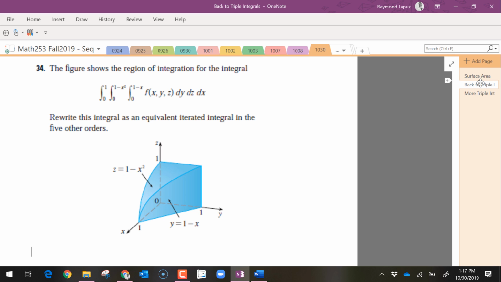So it turns out that when you do a triple integral, if your solid is of the right shape, then you could do this in 3 possible ways, although they say 6. Oh, I guess 6 possible ways.